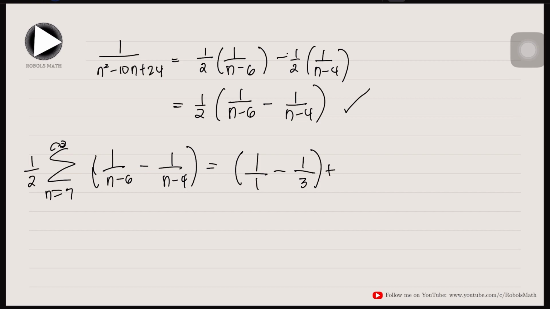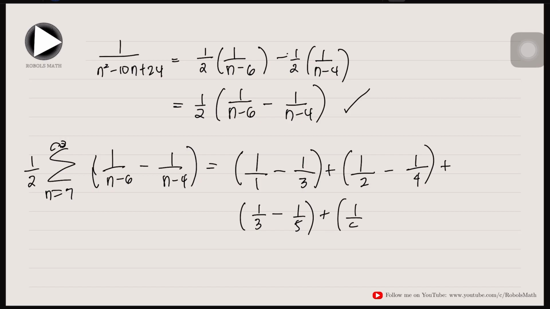Then at n equals 8, that's 1 over 8 minus 6, that's 2, minus 1 over 8 minus 4, which is 4, and so on. We do it until we get a few more terms. So 1/3 minus 1/5 plus 1/4 minus 1 over 6 plus 1 over 5 minus 1 over 7, and so on.